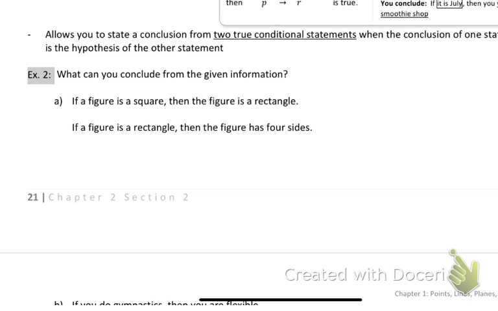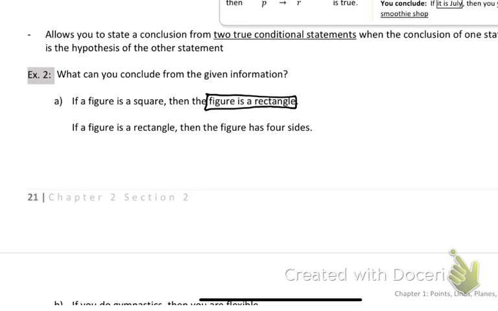All right, so let's do some examples. The syllogism allows you to state the conclusion from two or more true conditional statements, when the conclusion of one starts with the hypothesis of the other statement. So we have, if a figure is square, then the figure is a rectangle.